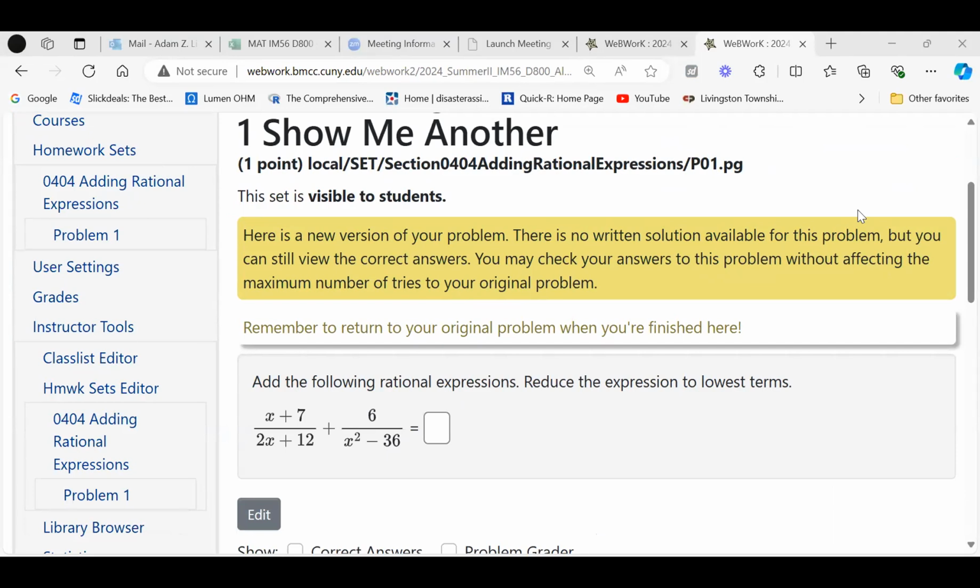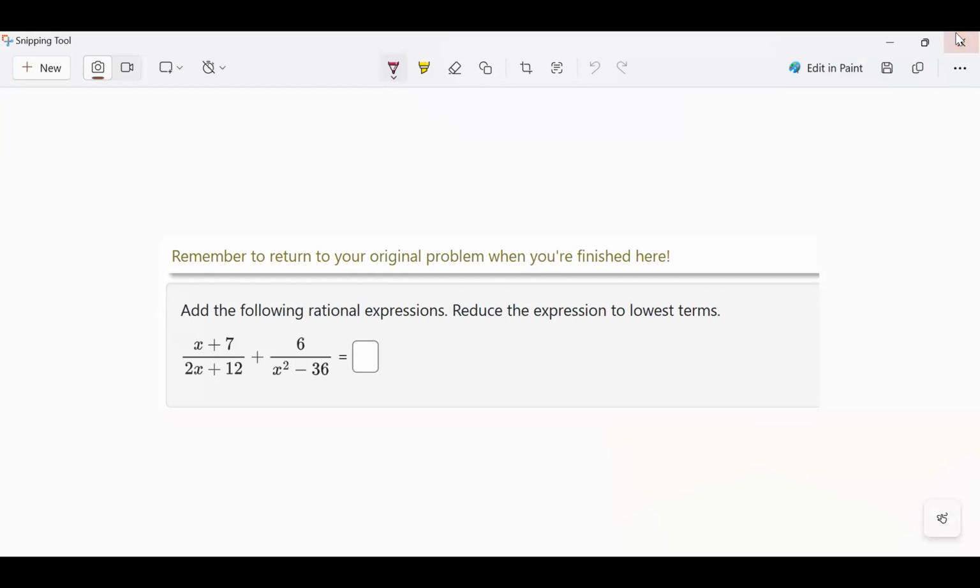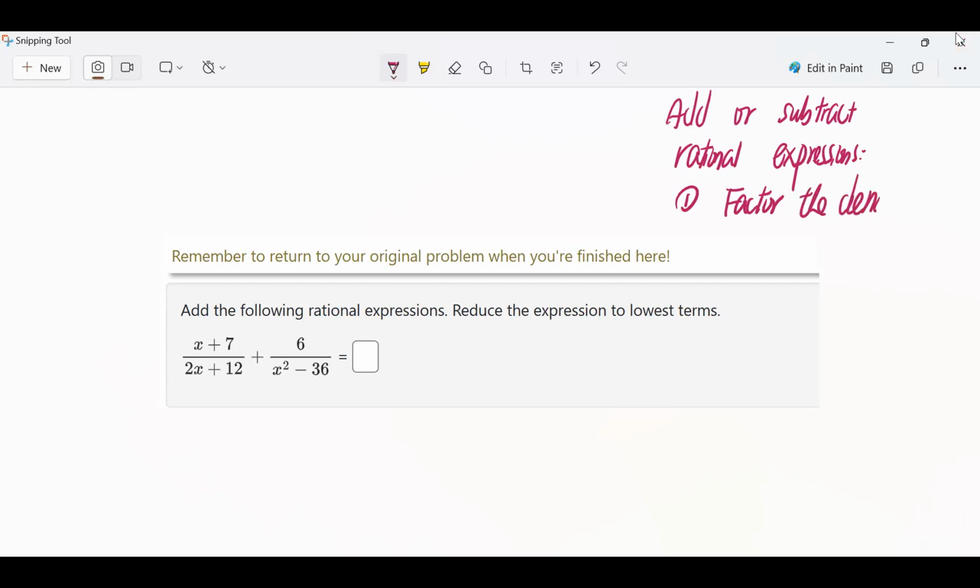And we share the screen. So adding or subtracting applies to both rational expressions. Step one, factor the denominator as much as possible, or you can say factor completely.